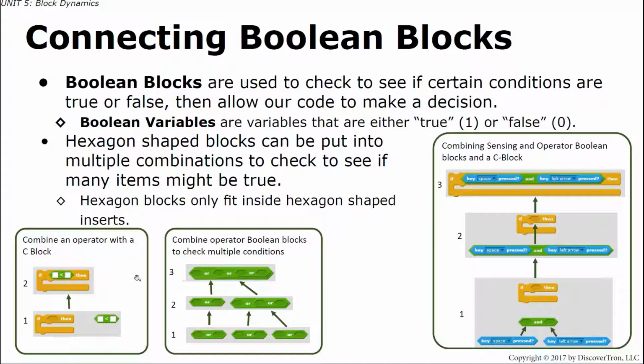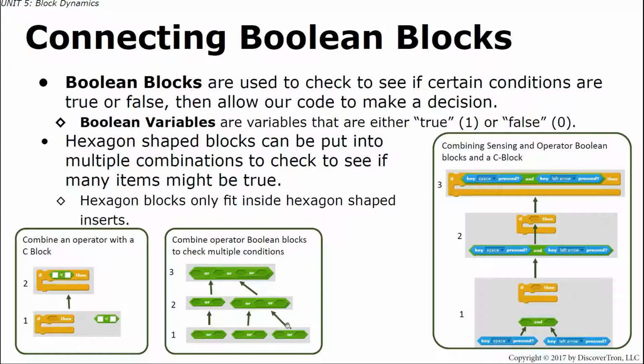Okay, so down here are some examples of our different types of Boolean blocks being connected. You'll notice that in this example right here, we have a C block, which is the if-then block, and it has a little hexagon shape right there in the middle of it. And we're connecting this hexagon less than block inside of it. And you can see the end results right there.